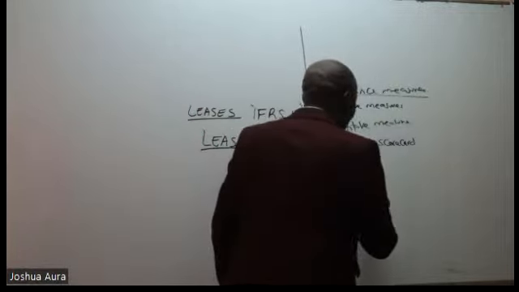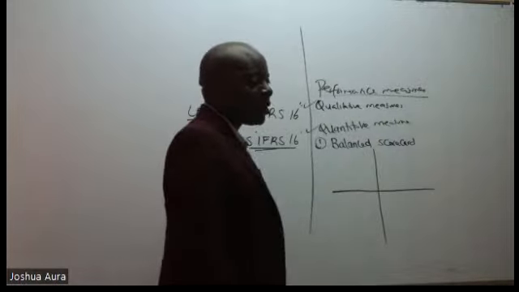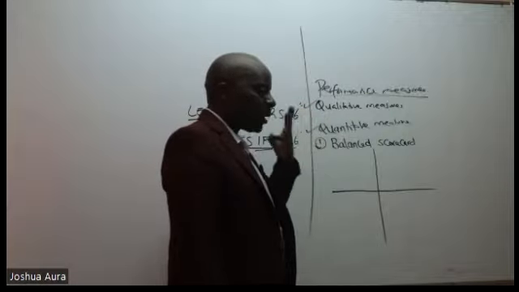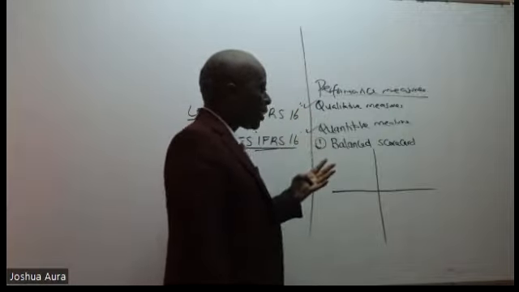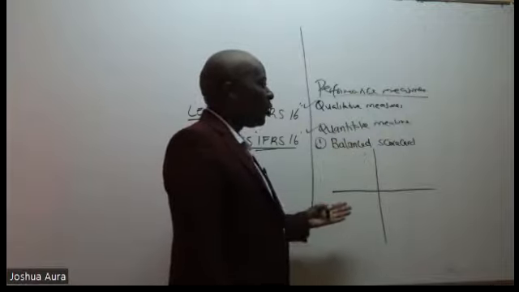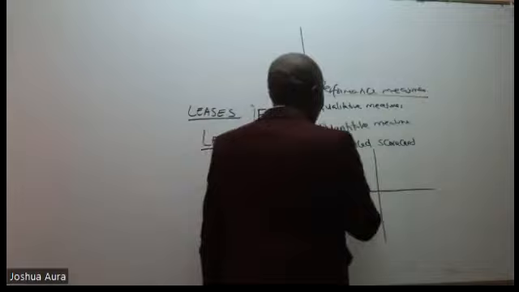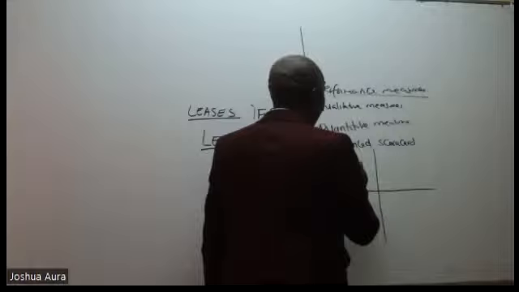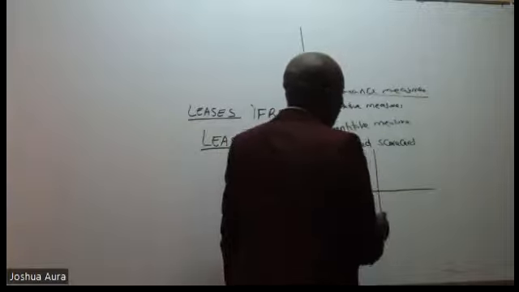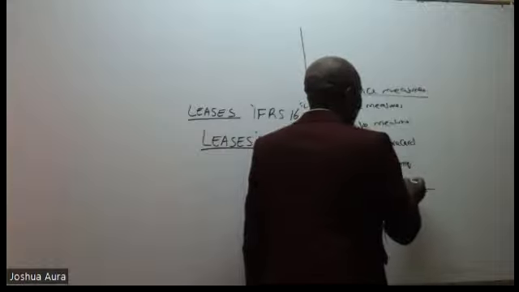Remember, a balanced scorecard is that instrument that gives us performance of an institution from how many perspectives? Four perspectives. The first one is the financial perspective. Number two, we have the customer perspective.